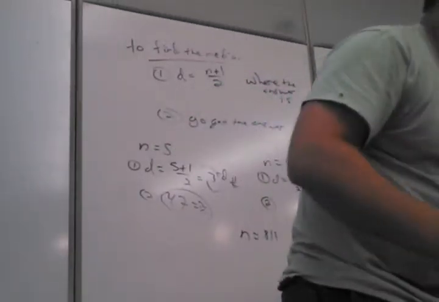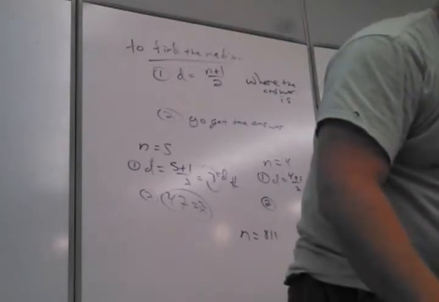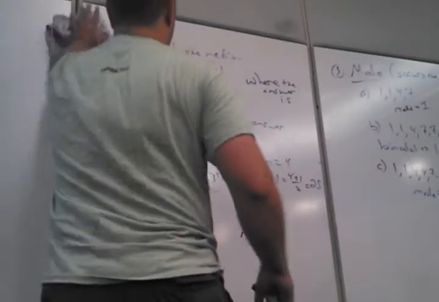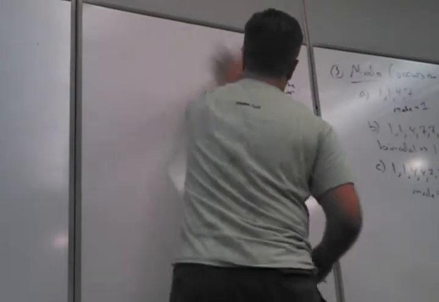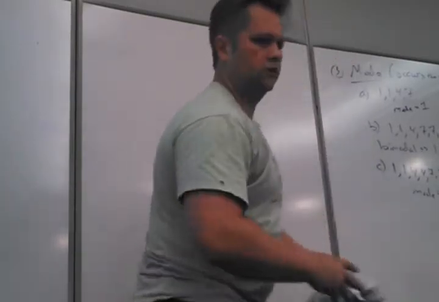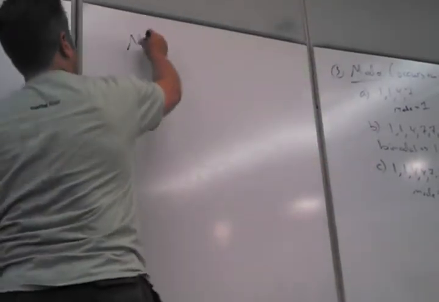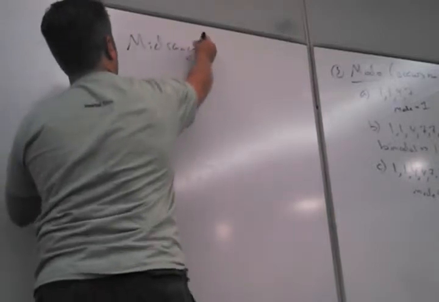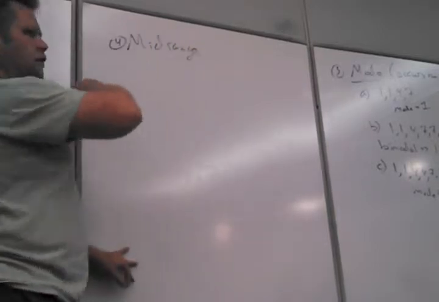Oh, one more measure of center that we use is called the mid-range. The fourth measure of center. And this one is almost too simple.